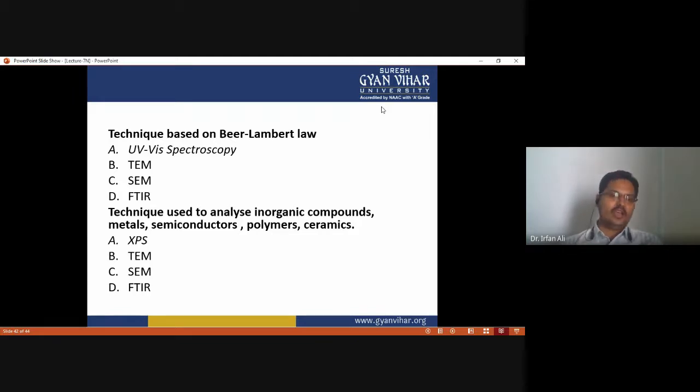Next, the spectroscopy technique used to analyze inorganic compounds, metals, semiconductors, polymers, and ceramics. The most suitable technique for this is XPS, so the correct option is XPS.